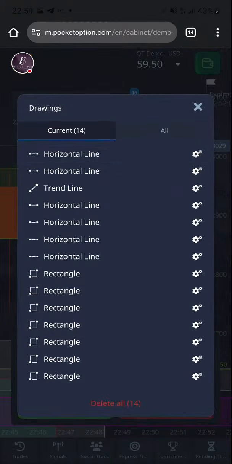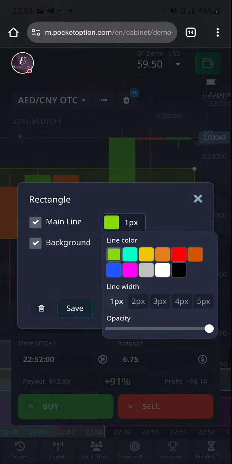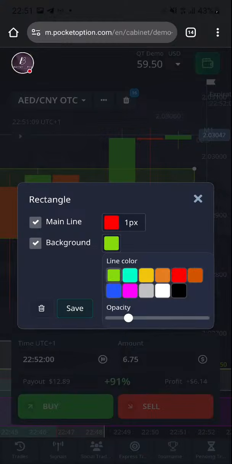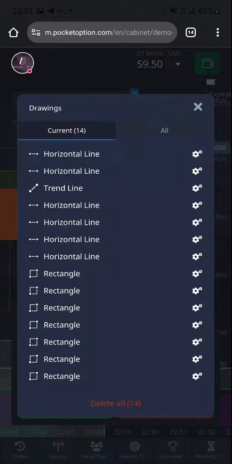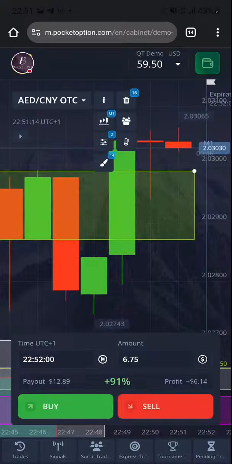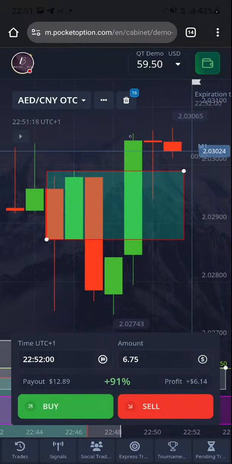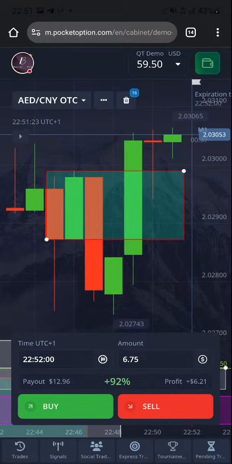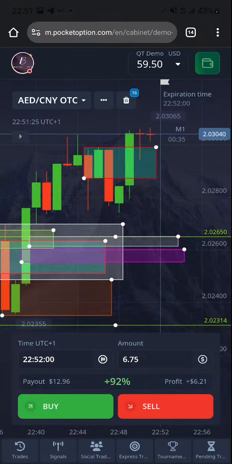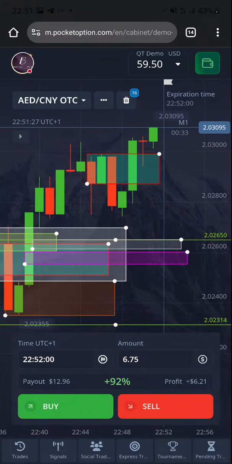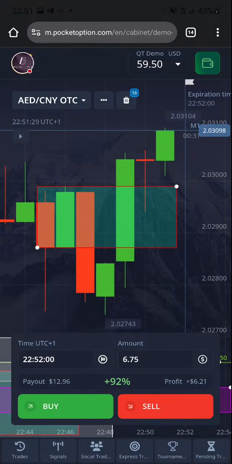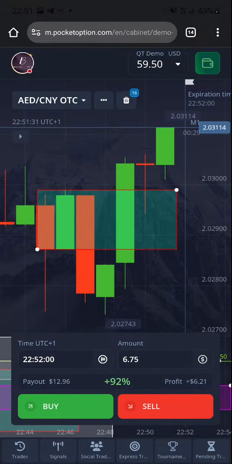Let me just quickly show you. So I was saying that this might just be an SBD because it was previously a supply, but anytime you break a supply without any respect, it automatically becomes a demand. So you can see now we broke this supply, the price came back into that previous supply area.